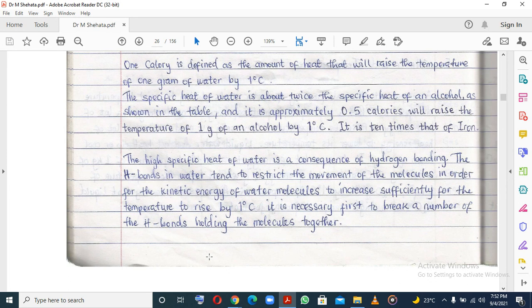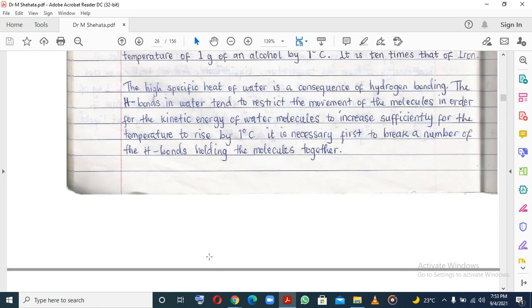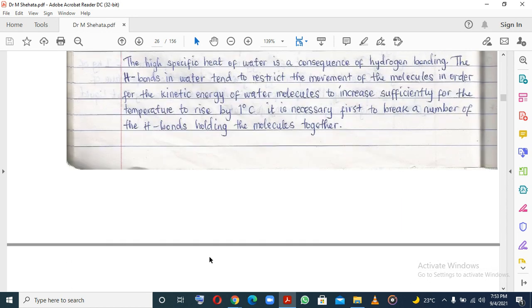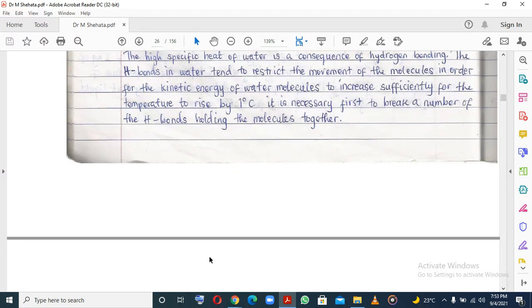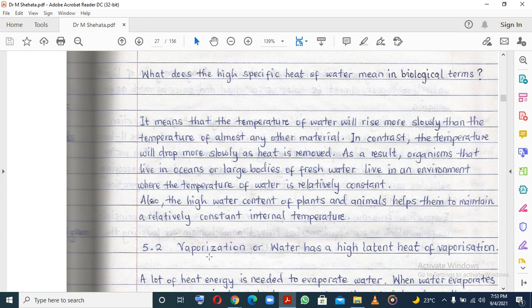To put it into perspective, it has a 10 times higher specific heat capacity than iron. I think that's interesting. And the specific heat of water is due to what? To the hydrogen bonding. I think I've really explained this point. So that's what that paragraph is explaining.